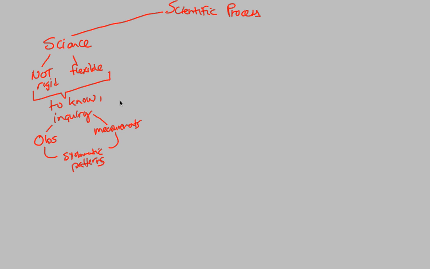And the scientific process consists of what is known as inductive discovery. And I'm going to draw that down here. Inductive discovery. What does that mean? Inductive discovery is essentially when a scientist gathers observations. Remember how I said there's observations right here as a part of this inquiry process?